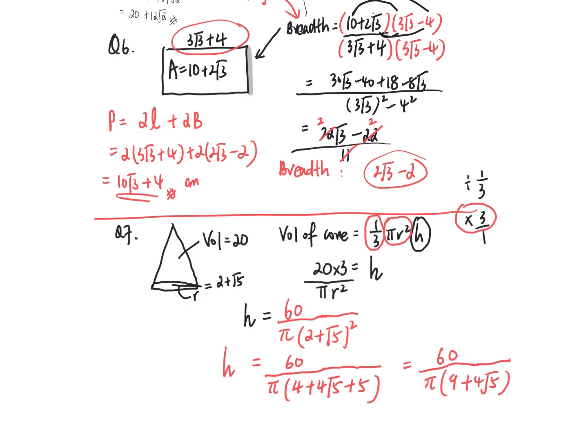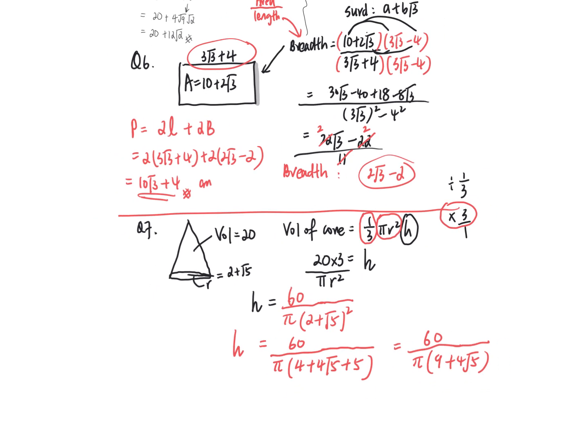Okay, then question say, can you find the height of the cone and write it in this way? So they want you to rationalize. So to rationalize, you multiply by the opposite. Okay, wait, let me finish this. Okay, so rationalize. Okay, at the bottom is a square minus b square.